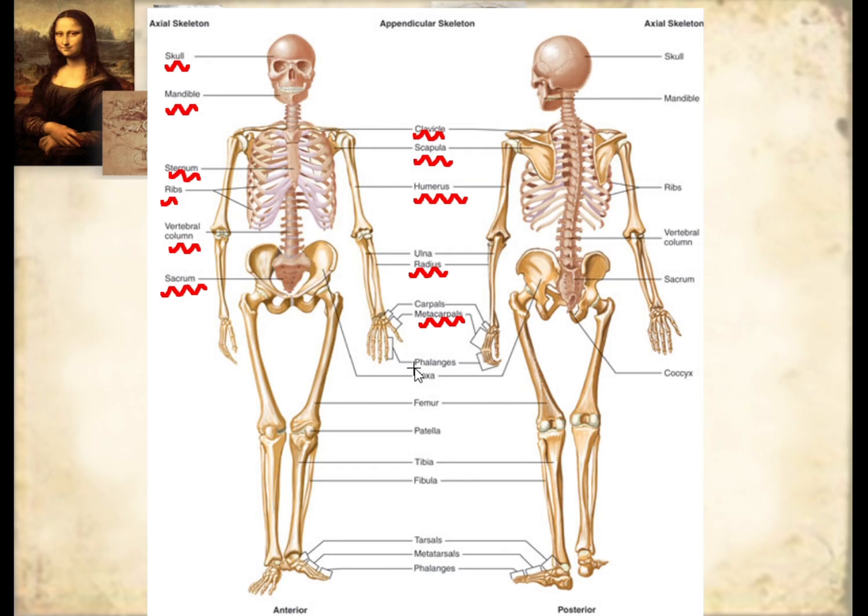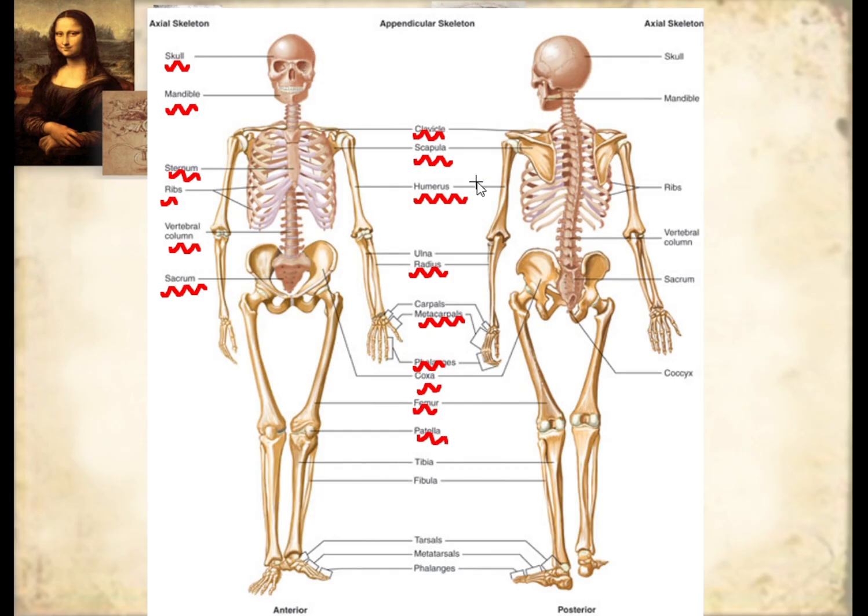The finger part is the phalanges. Then this is the coxa, then femur, patella, tibia, fibula, then tarsals, metatarsals, and phalanges.